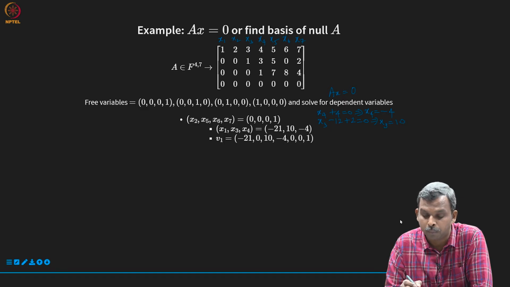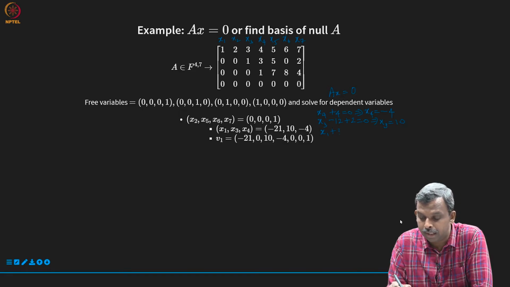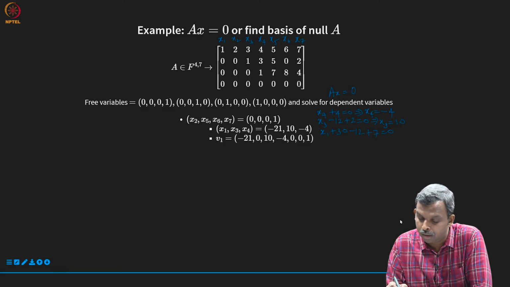Okay, so x3 is 10, and then you go to the first equation, there you get x1. Here x2 is 0, x3 is 10, so plus 30, and x4 is minus 4, so minus 12, then x5 and x6 are 0 and x7 is 1, plus 7 equals 0. Did I get that right?